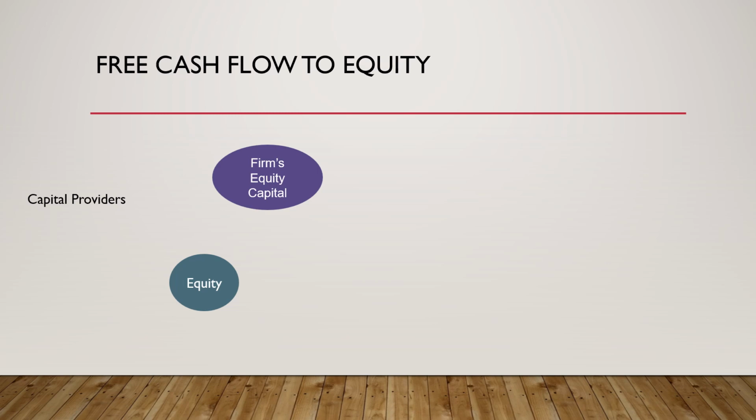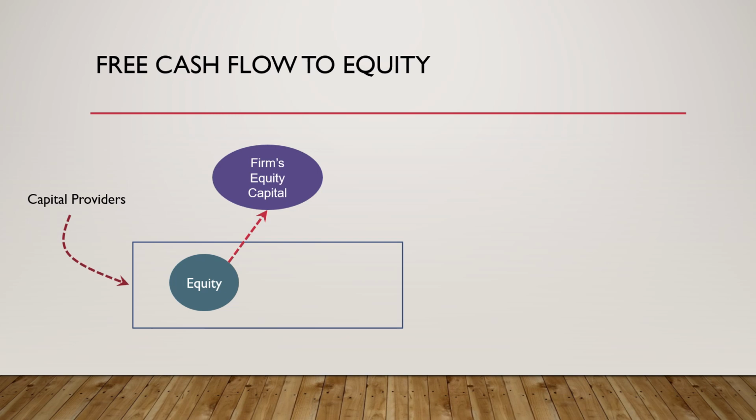The equity of a firm is utilized along with the debt availed to generate revenues. To arrive at the FCFE, we must first consider the net income or post-tax profits or profit after taxes of the company.